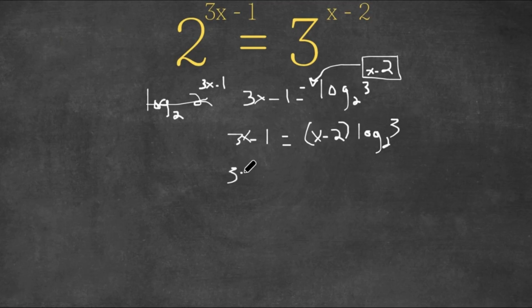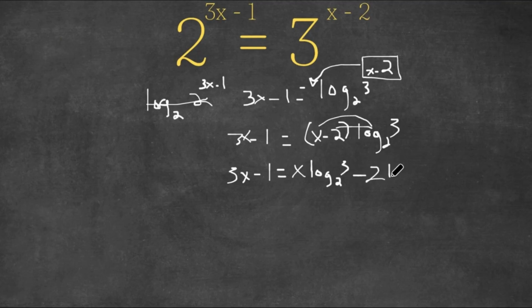So this is 3x minus 1 equals, well, x times log subscript 2 of 3 is simply x log subscript 2 of 3 minus 2 times log 2 3 is simply this. Alright, so now as you can see, we have our equation here.